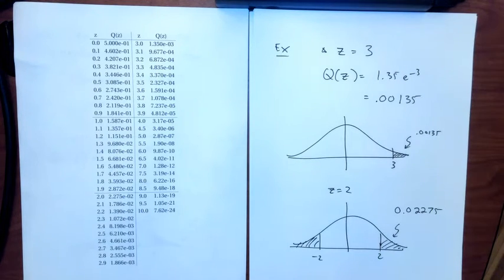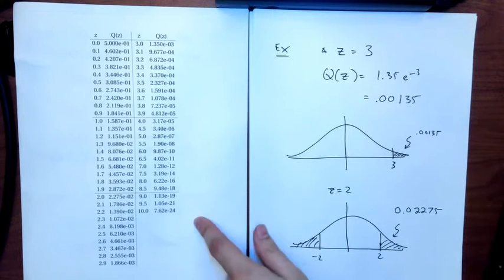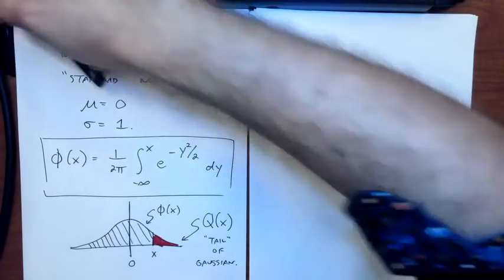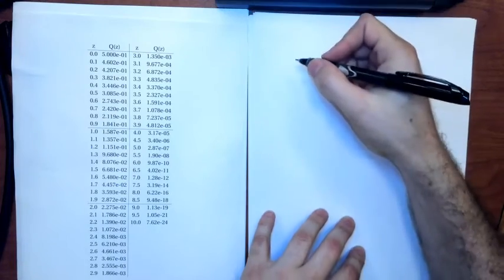So what we're going to do today is a whole bunch of examples using this table so that you know how to use the Q function for these kinds of computations, okay? Just as a side note, you could use the computer to do this. For your future knowledge, you can do this in MATLAB.